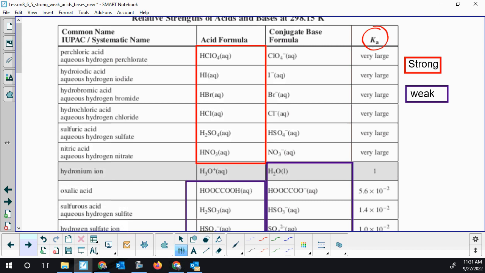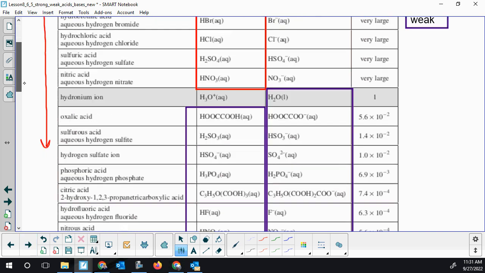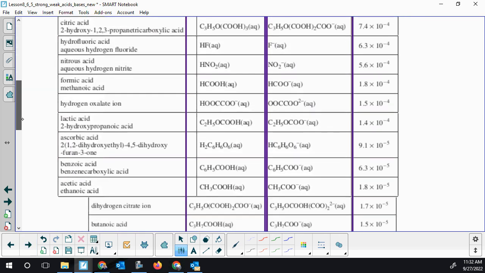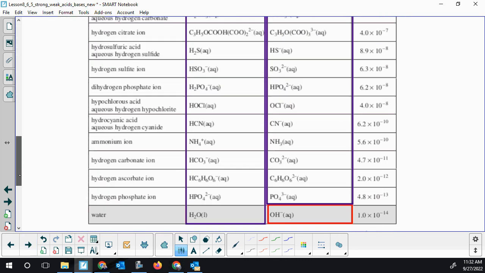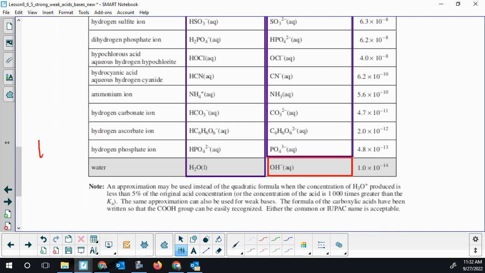They're all a tie for strong. So your strong acids are here. As you go down, and there's a long way to go down, they get weaker and weaker and weaker. The weakest acid is at the bottom of the acid column.